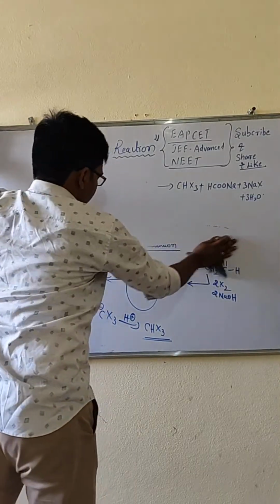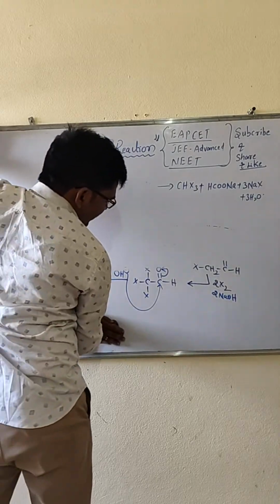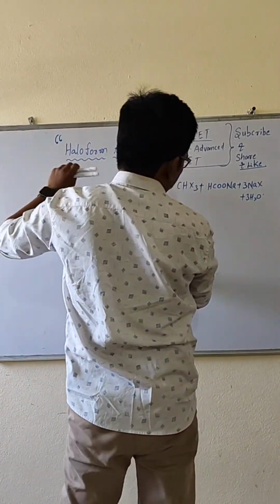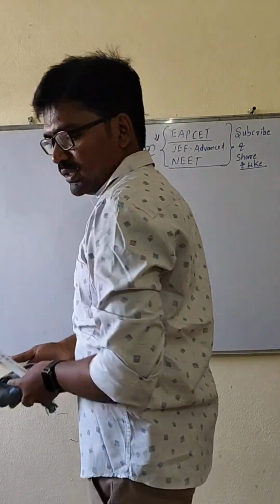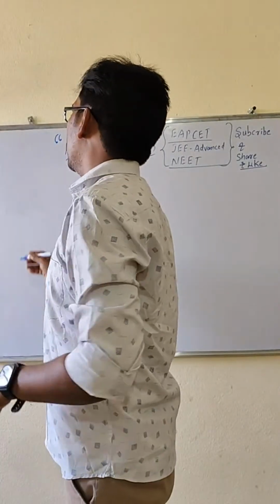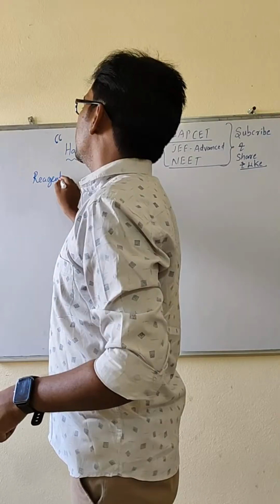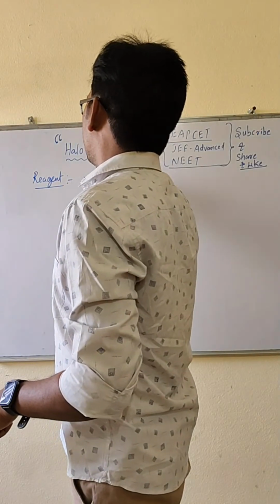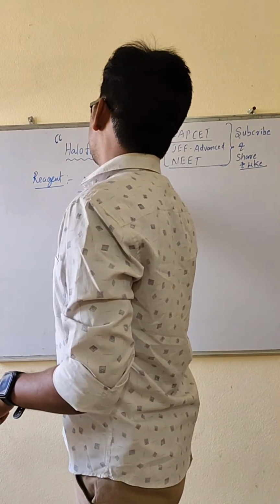Understand, my dear students? See, I told that the reagent, the chlorine or bromine or iodine, in the presence of NaOH, we call the haloform reagent. So what is the haloform reagent? That is halogens in the presence of NaOH.